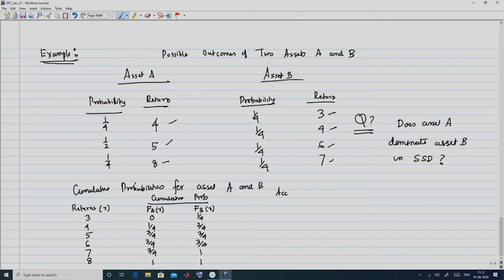Then we take an accumulation of these cumulative probabilities.